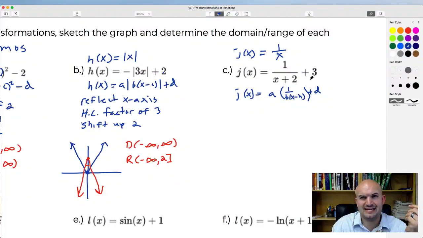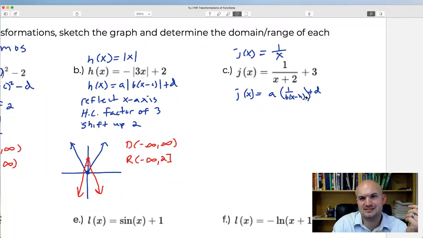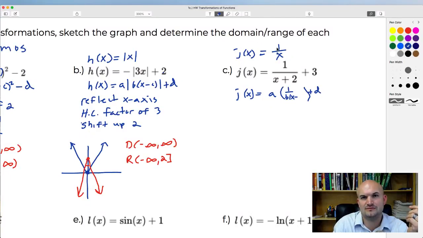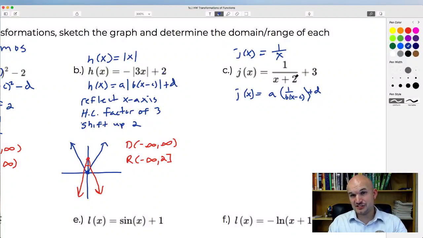Why am I using h? I don't want to use h. I want to use c. I want to be consistent, right? You don't want me writing some random stuff. Okay, so in this case, you can see we're adding a 2, but that 2 is in the denominator, so that's going to be my c. I'm adding a 3, which is going to be my d, my vertical. So c is horizontal, d is going to be my vertical.